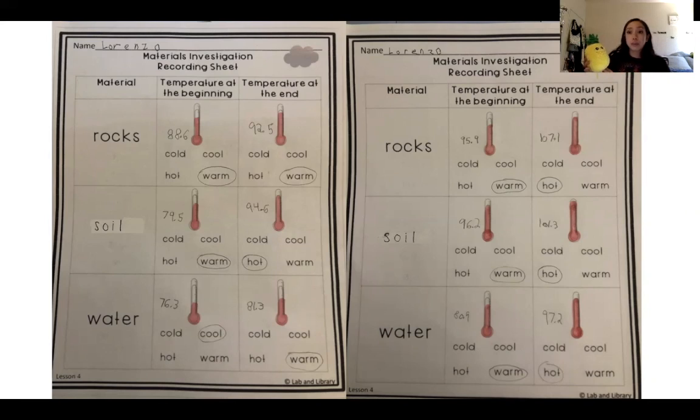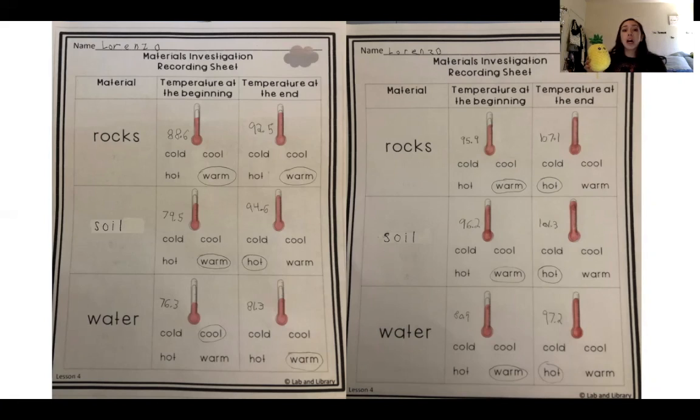So the students might be able to understand and explain that to the class. They might also discuss how there was a difference between the location they were placed, whether they were in the sun or the shade, marked with the cloud on the worksheet. They can discuss how the water in the shade didn't heat up much more than the water did in the sun.